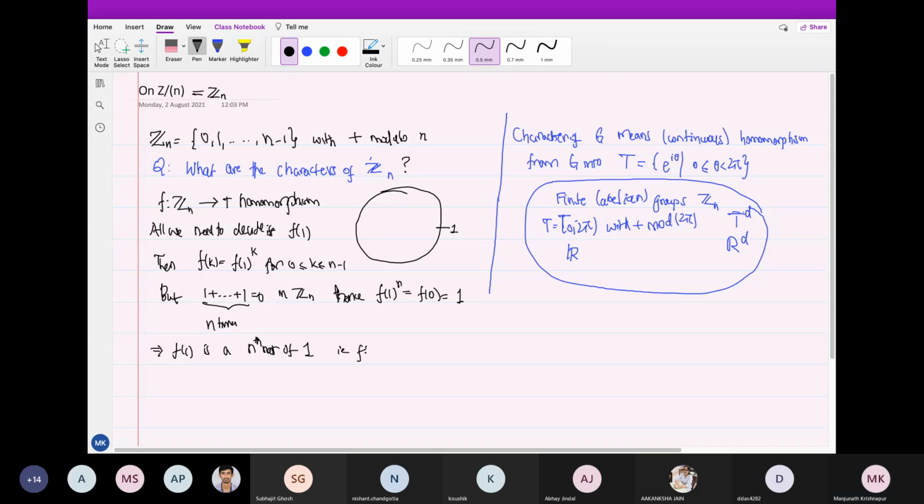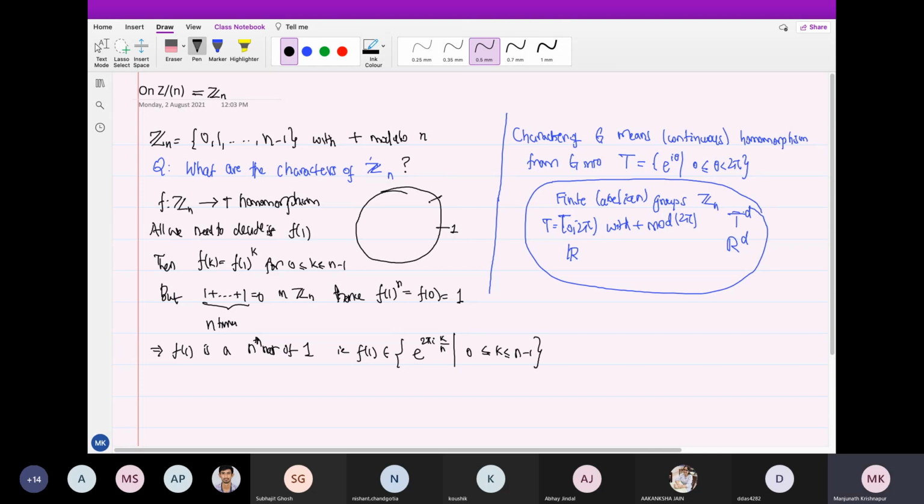Well, it belongs to e to the 2 pi i k over n, where k can be anything from 0 to n minus 1.